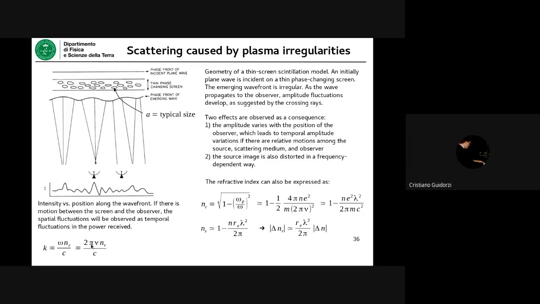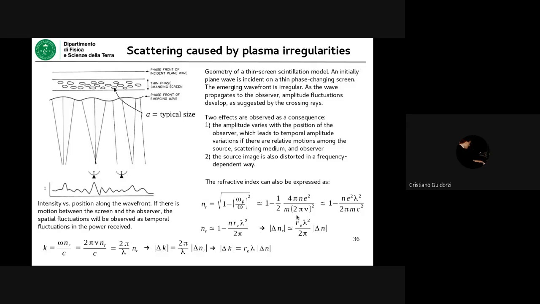Omega is just 2 pi nu. c over nu is just lambda, so k is 2 pi over lambda times the refractive index. So you calculate the change of the refractive index, which is exactly what we got here as a function of the change in the density, and it corresponds to this change in the wave number.